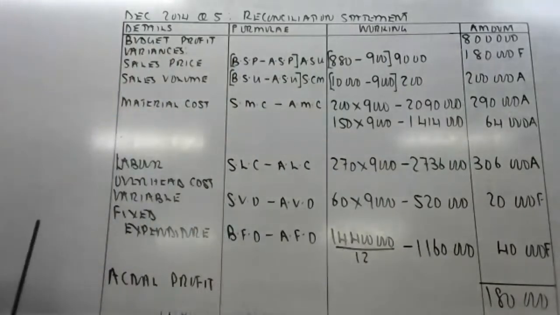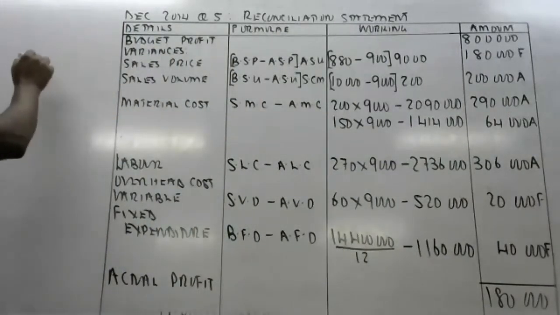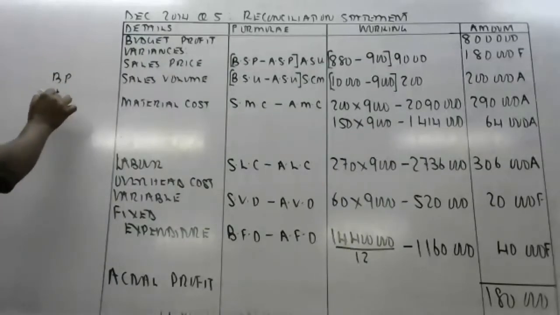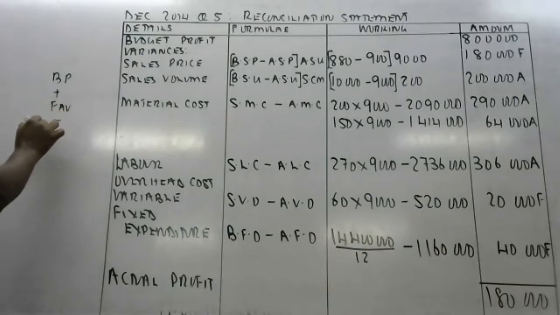So now do what I have told you: you take the budget profit, you add the favorables, you less the adverse, and that should give you the actual profit.